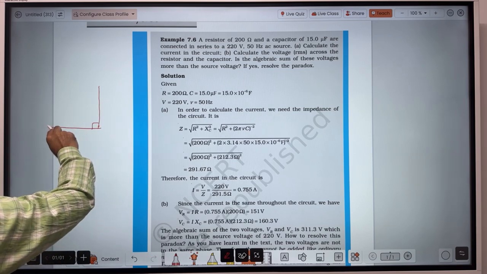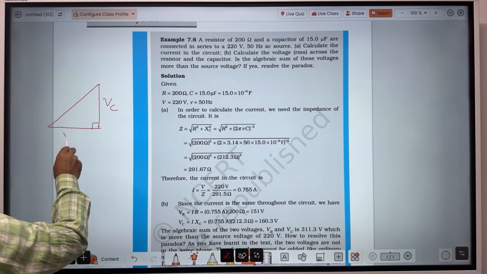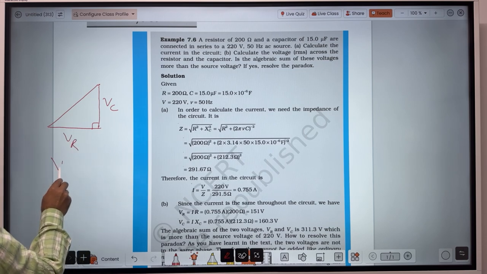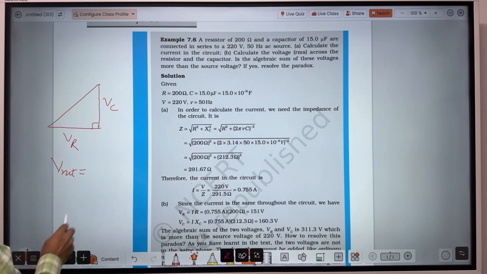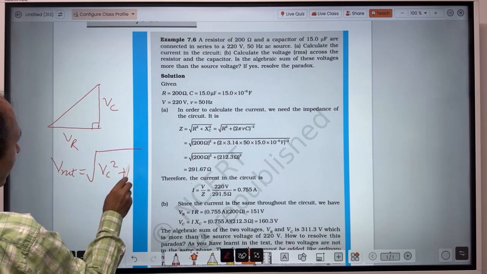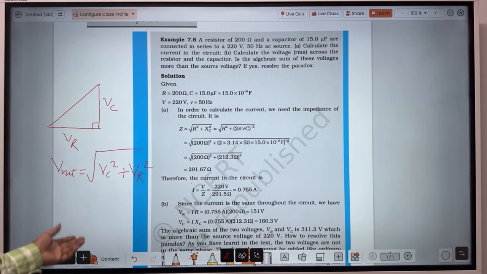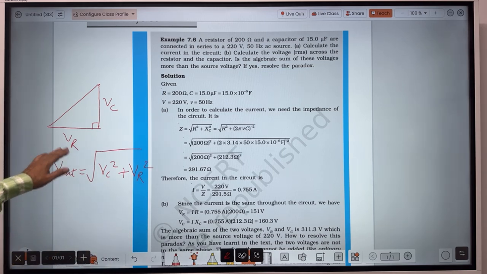This angle is 90 degrees. So here, if we write this as VC and this as VR, then the resulting voltage V net will be equal to square root of VC square plus VR square, and this will be equal to the applied voltage. So that we will see.